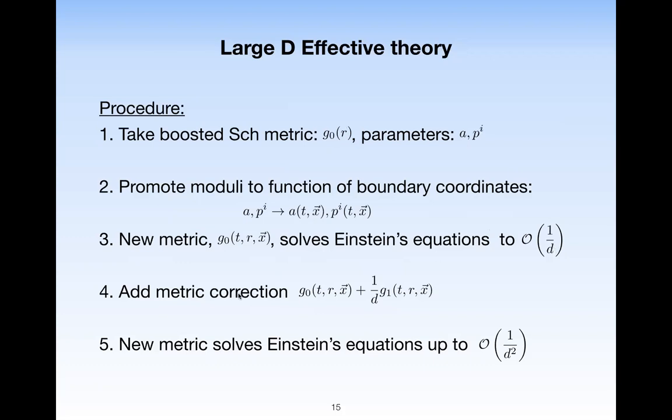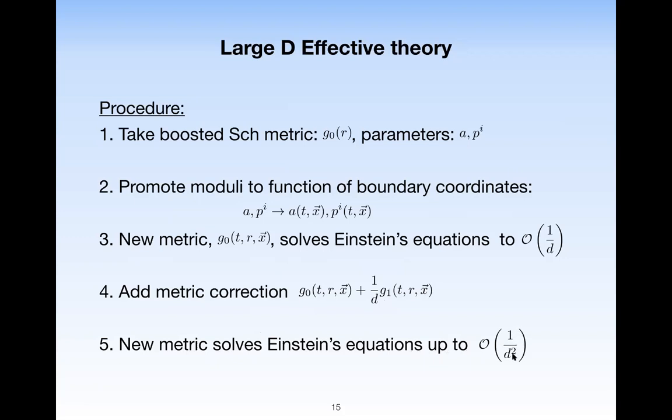So what we can do is go to the metric and add a correction that is proportional to 1/d, in this particular way, then plug this into the Einstein equations and solve for the radial dependence of G1 in order for the Einstein equations to be satisfied up to order 1/d squared.